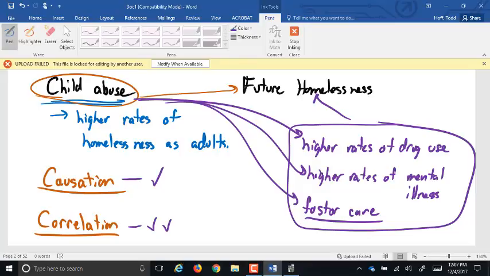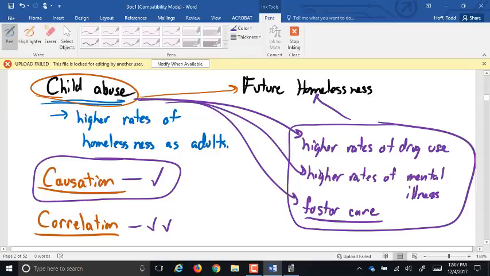So it could be a cause. It could be that the effects of being abused as a child lead to steps that do eventually lead to being more likely to be homeless. Now, again, it doesn't have to be definite. It doesn't have to be that everybody who's abused ends up homeless. Causation just means it significantly increases the likelihood.